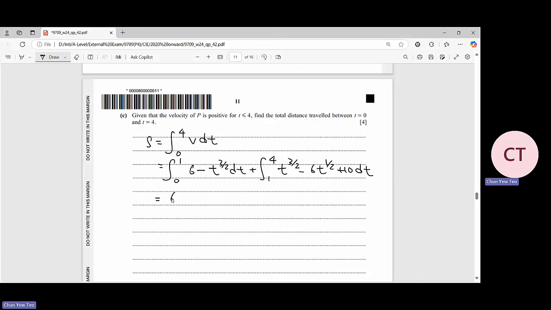Over here, you have 6t minus 2 over 5 t power 5 over 2 from 0 until 1. Okay.